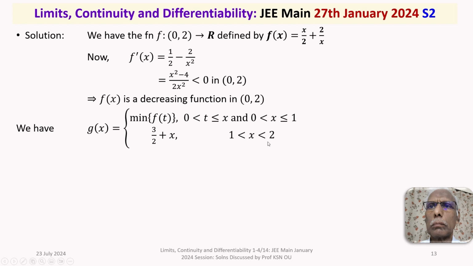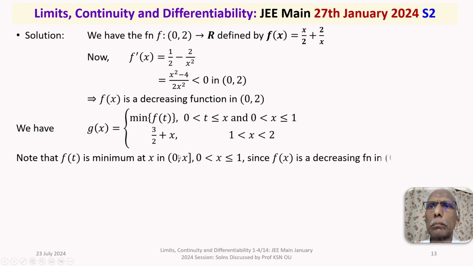Note that f of t is minimum at x in this interval 0 to x, closed at x, a semi-open, semi-closed interval. And the minimum will be at this point, because it is a decreasing function. So the minimum is attained at this point.